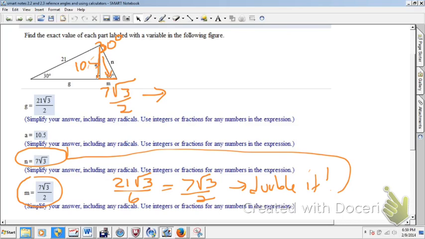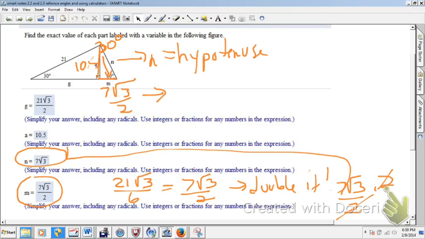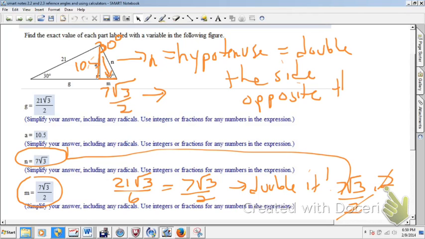Because 7 root 3 over 2 times 2 just cancels, and you're left with 7 root 3. So now I know little n is the hypotenuse, and I'm going to make a recipe, which is double the side opposite the 30-degree angle.